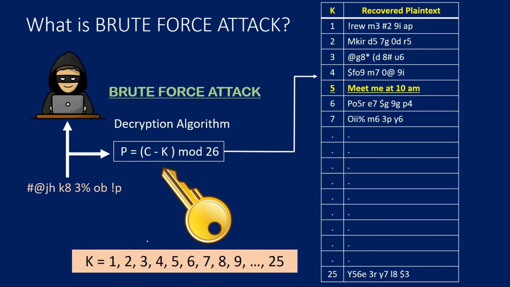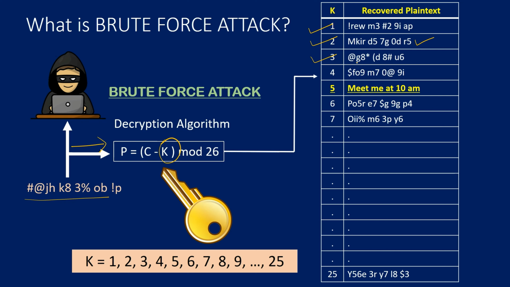Let me explain this with the help of the table here. The attacker has got access to the ciphertext. So he takes the ciphertext and he assumes key to be 1 and tries to decrypt and check if the decrypted plain text makes any sensible sentence. Then he tries the key which is 2, again decrypts the message and checks if the plain text makes any sensible message.